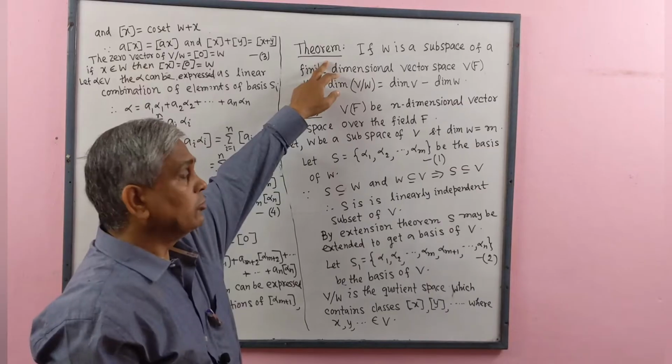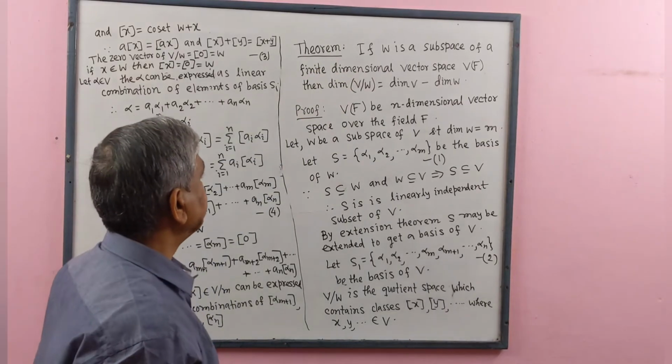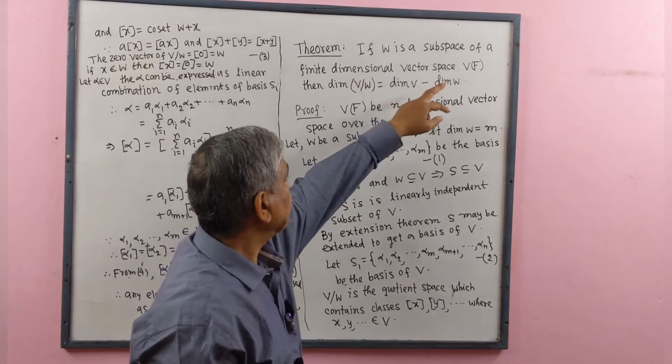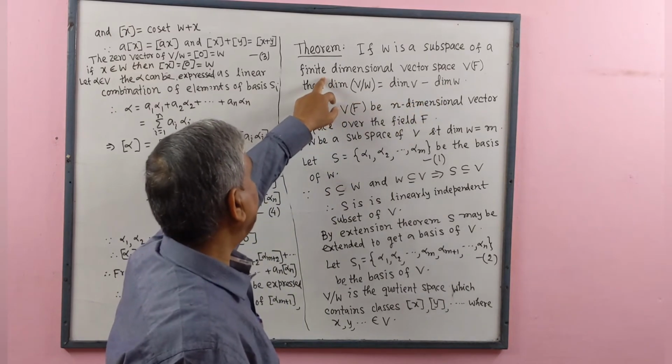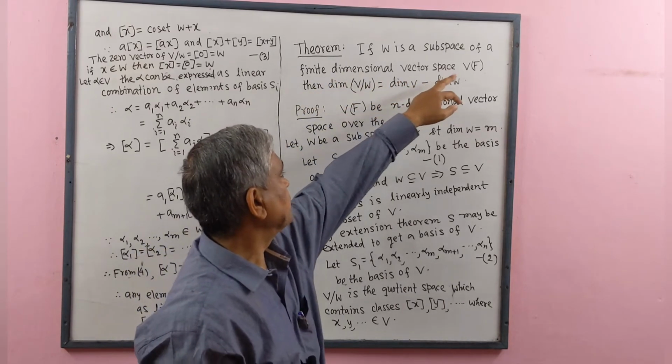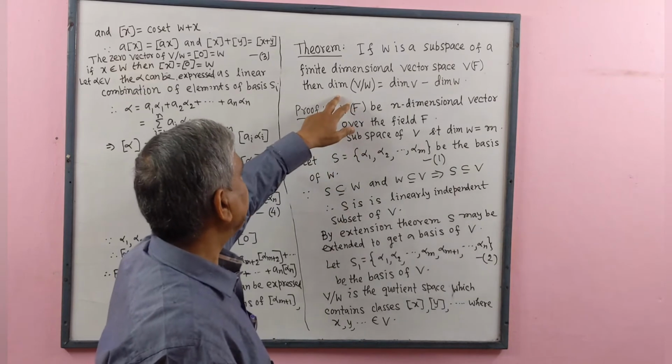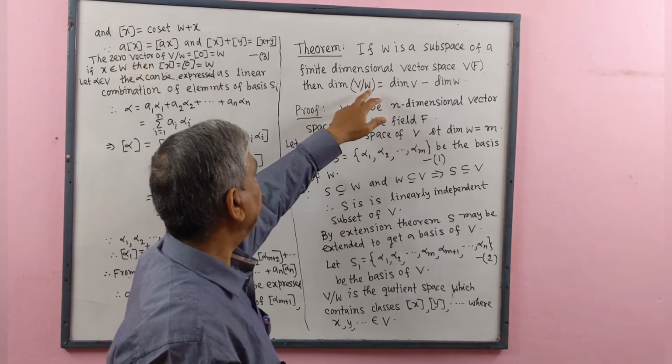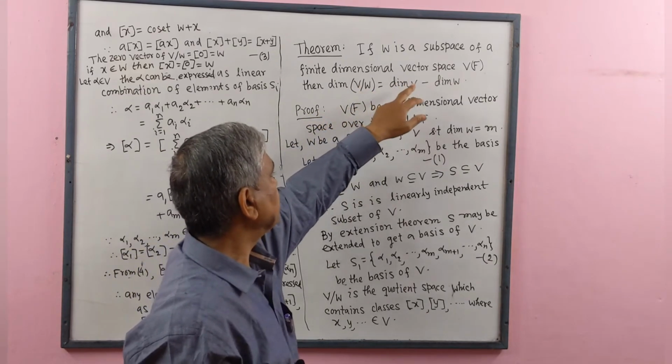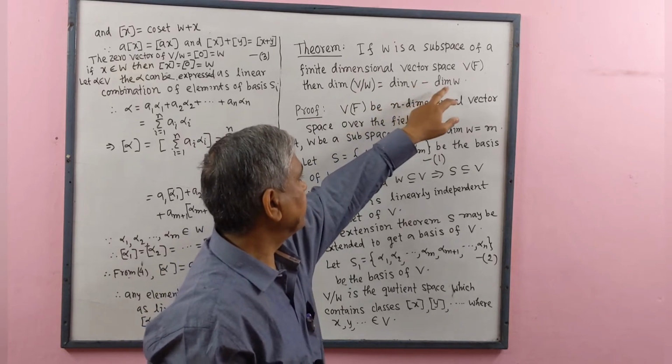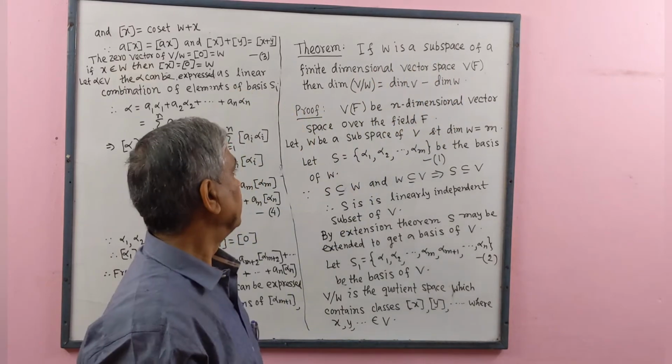Proved. Now we prove a theorem. If W is a subspace of a finite dimensional vector space V, then dimension of V by W equal to dimension of V minus dimension of W. Now we prove this.